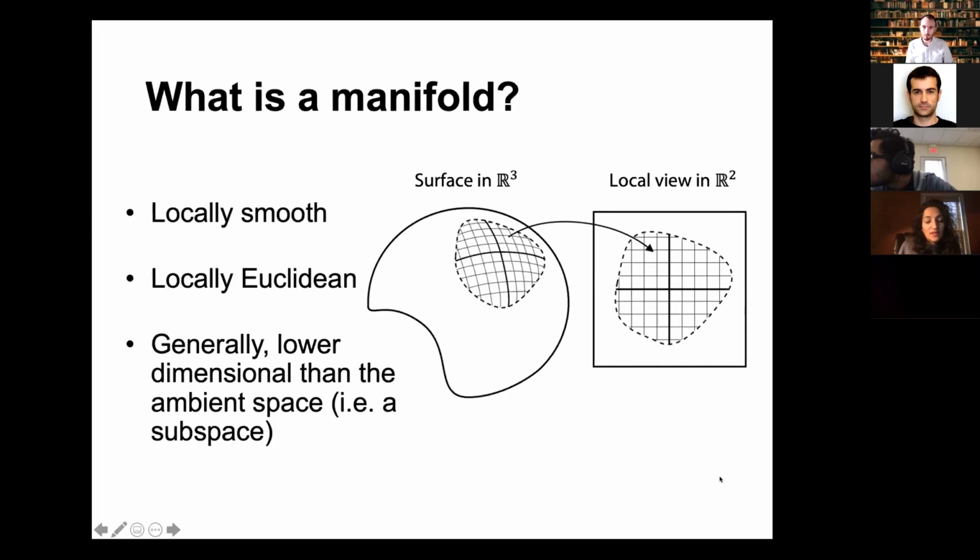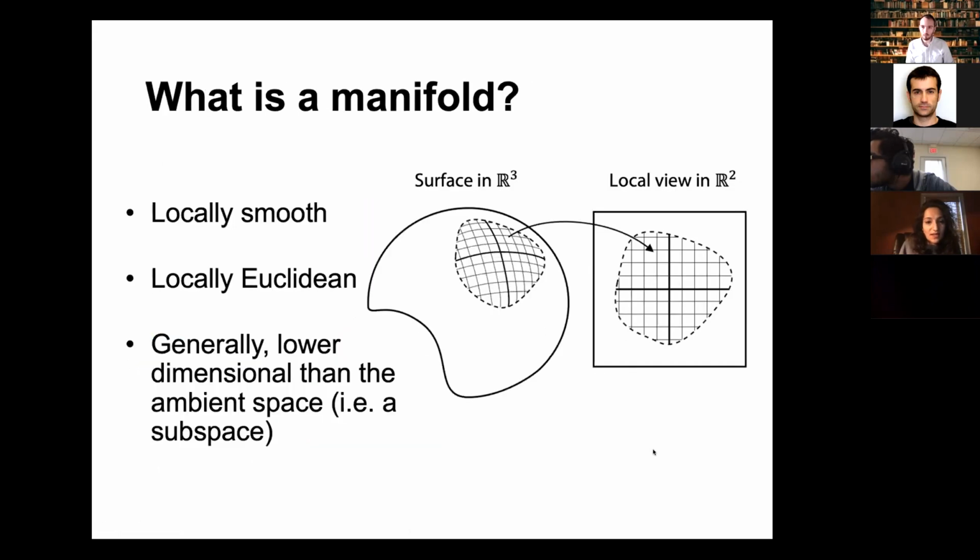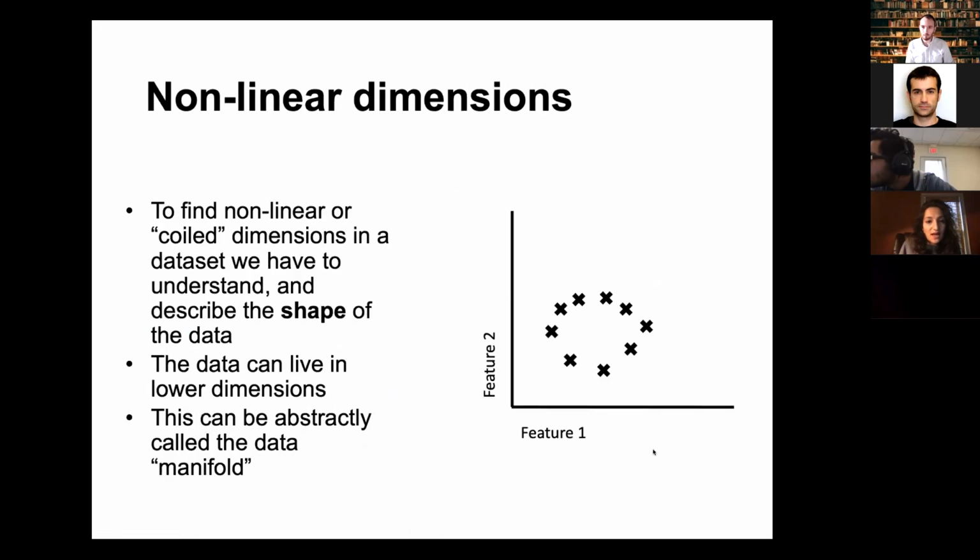Okay, so next I'll be talking about nonlinear dimensionality reduction, which will allow you to find the nonlinear coiled dimensions in the data set and project your data to, for example, maybe a circular dimension that goes like this. That's maybe better able to uncoil the data and explain the shape and the trends in the data a little bit better.